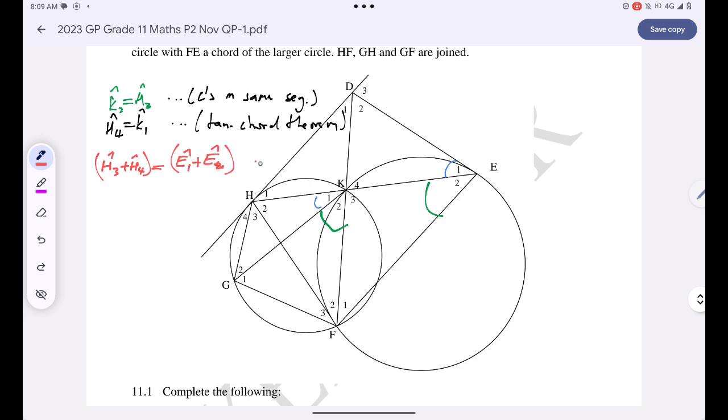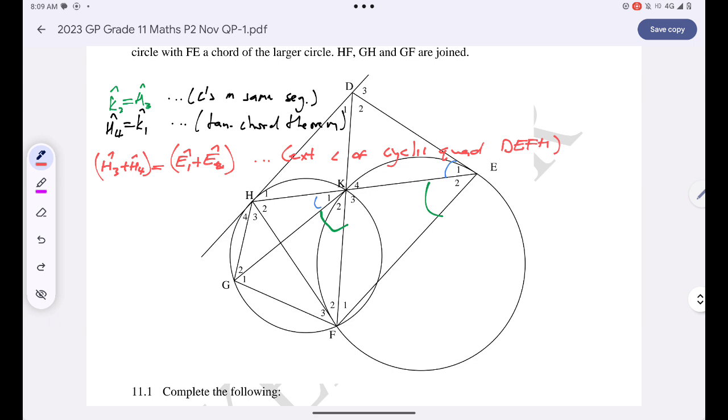Are you together? The reason: exterior angle of cyclic quad DEFH. Are we together?